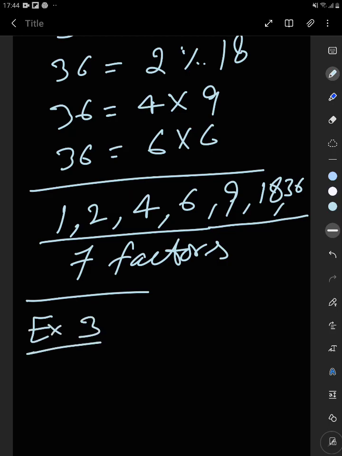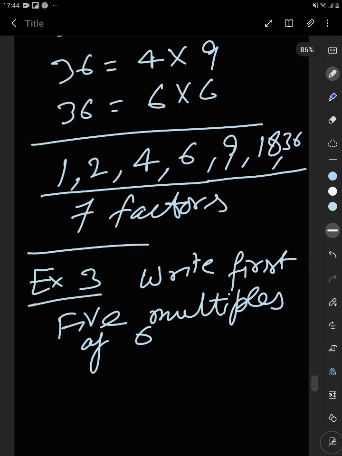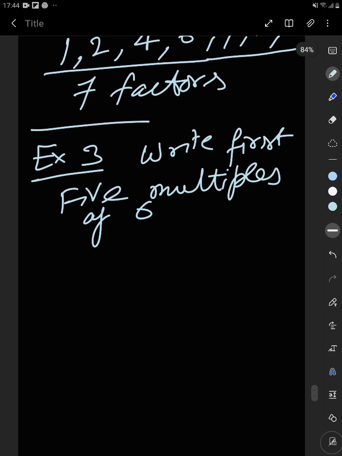Example number 3: write the first 5 multiples of 6. Multiple means to multiply starting from 1. First 5 means we need to go from 1 till 5.